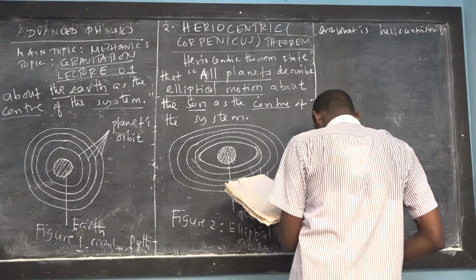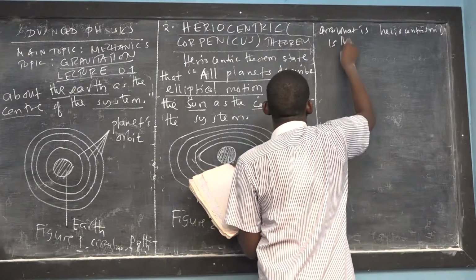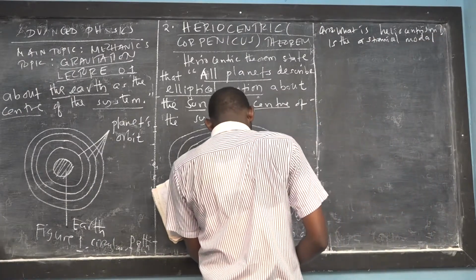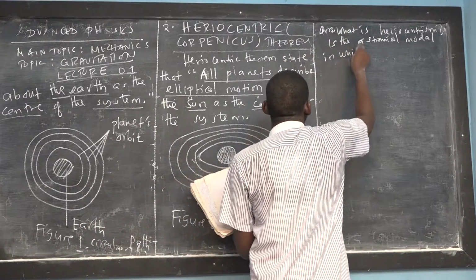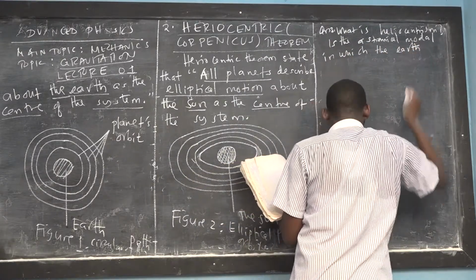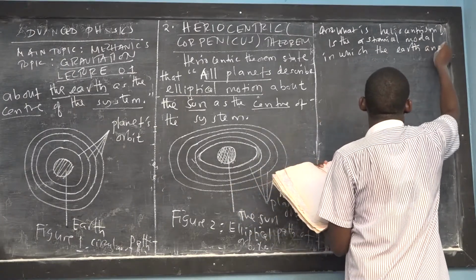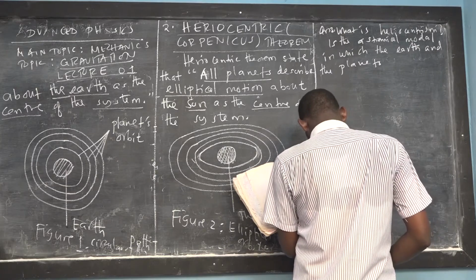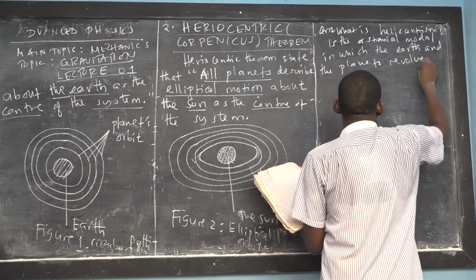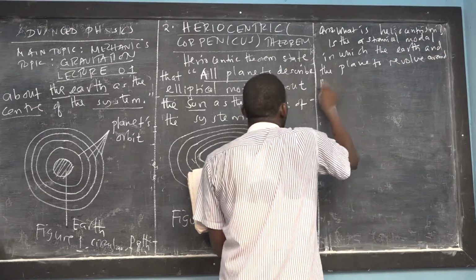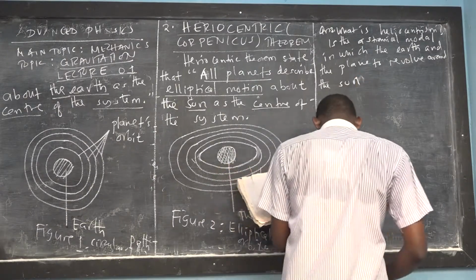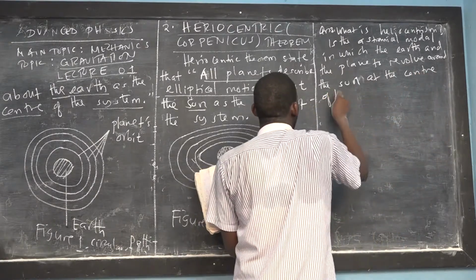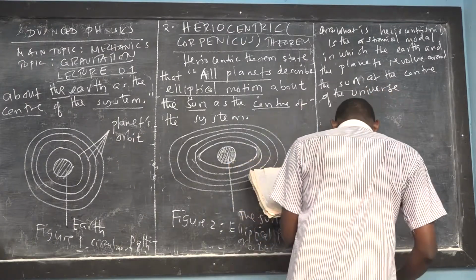Heliocentrism is an astronomical model in which the Earth and the planets revolve around the sun at the center of the universe. At the center of the universe.